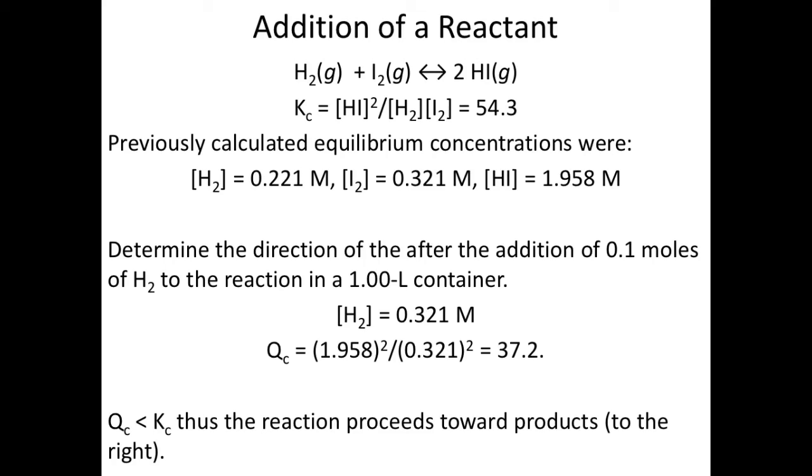Now the calculation of the reaction quotient is 1.958 squared divided by 0.321 squared, which is 37.2. 37.2 is less than the current Kc, so the reaction has to proceed to the right.